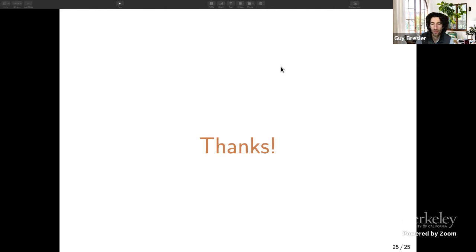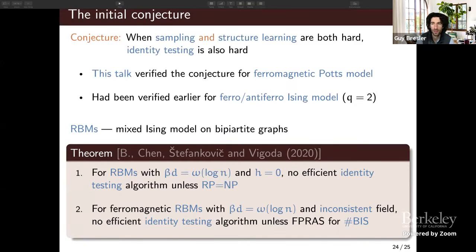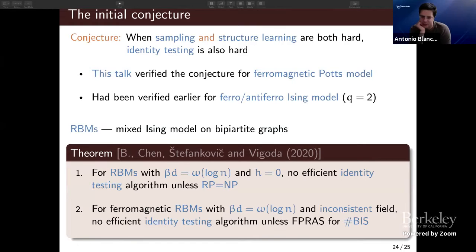Do you mind saying something briefly about how the RBM case differs, and what is the key idea or the key gadget in that case? So the gadget is a little different. The intuition behind it is not, because it also relates to this phase coexistence phenomenon. Once we have this phase coexistence phenomenon, we do some gadgeteering to actually derive the result.